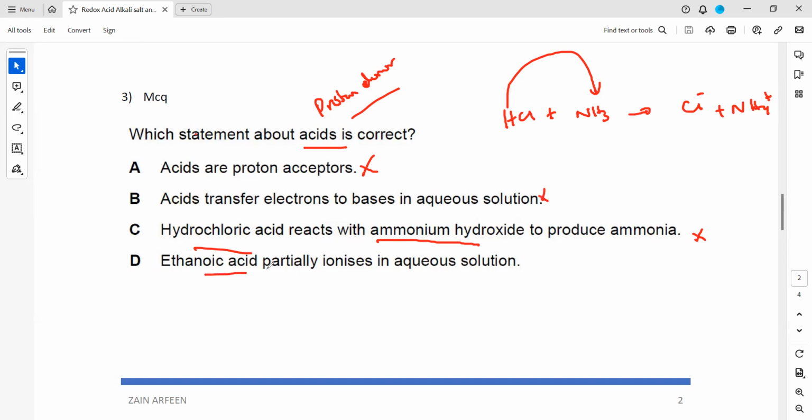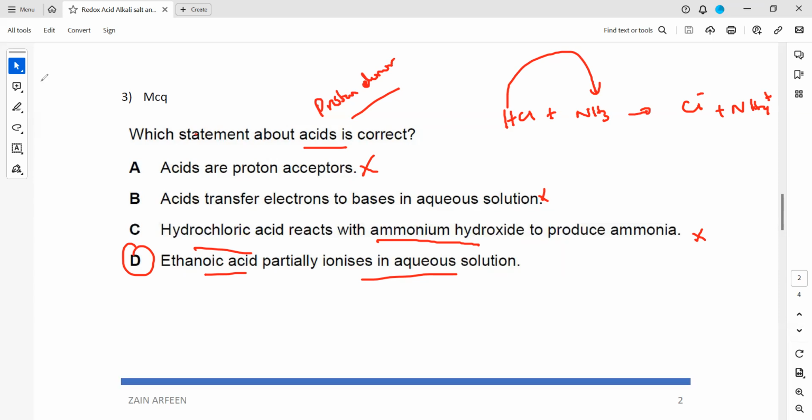Ethanoic acid is a weak acid, so it is partially ionized in aqueous solution. That is the right statement. If it was hydrochloric acid, then it would ionize completely in aqueous solution, because strong acids do. Acids and bases can be in aqueous solution. Soluble bases are called alkalis.